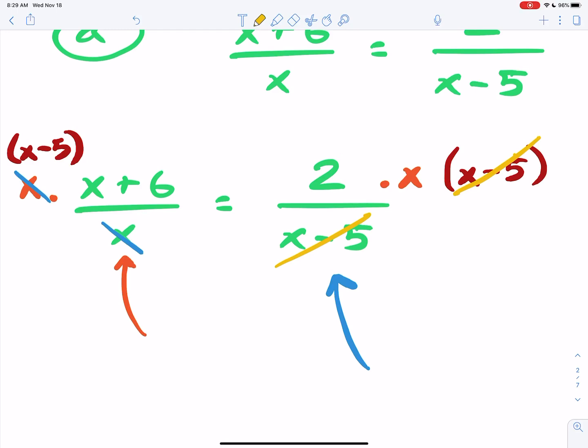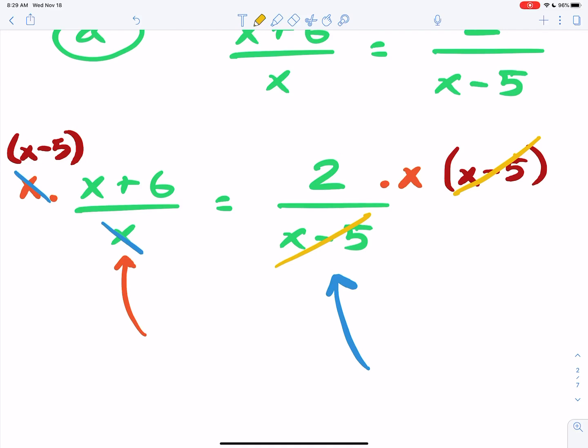So if you notice, both denominators are now crossed out. What you multiplied by here was called the least common multiple. But don't worry if you don't remember that phrase. Just think about, well, what do I need to multiply to get rid of all of my denominators?